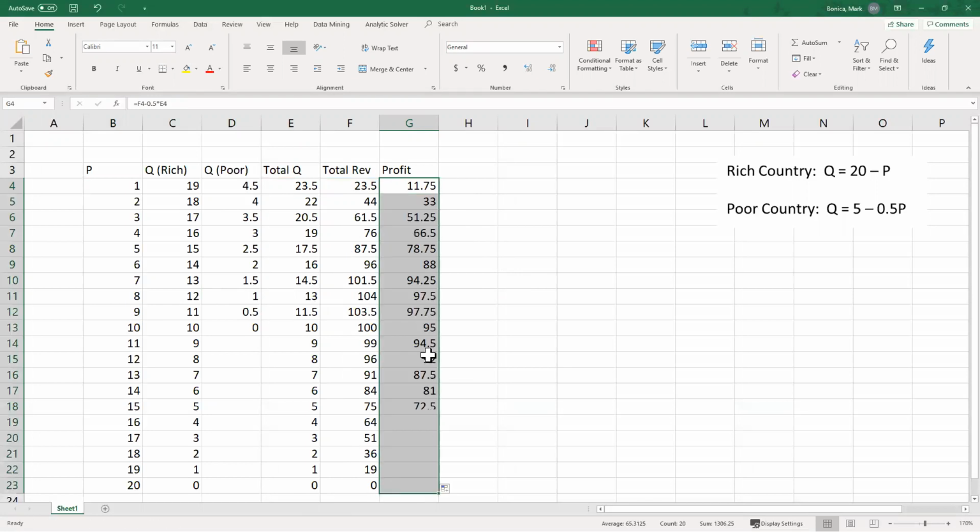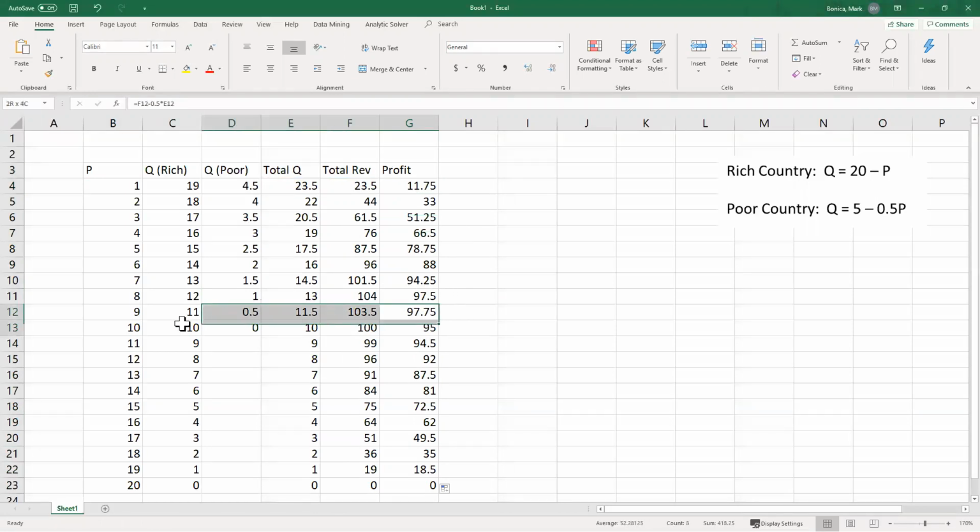So now we have profit maximization. It happens actually right at the point slightly past the maximum revenue.